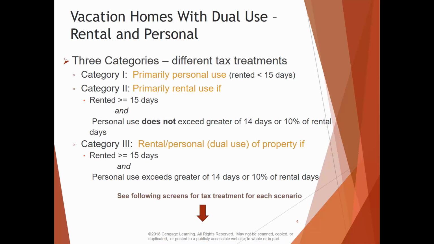That describes a lot of people around here. So the first category is primarily personal. That means that I rented it for less than 15 days. We have friends that have places up the Flathead, and they rent it for 2 weeks. They basically make their money to pay their property taxes, but they don't have to report it.